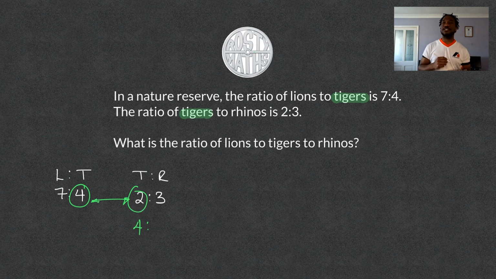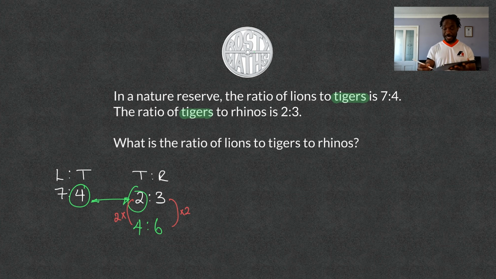I know you've seen my other video on scaling ratios up and down, so I'll put a link in the description if you didn't watch that. Since this 2 became 4 by multiplying by 2, I just need to multiply this 3 by 2 as well, to give me 6 there.